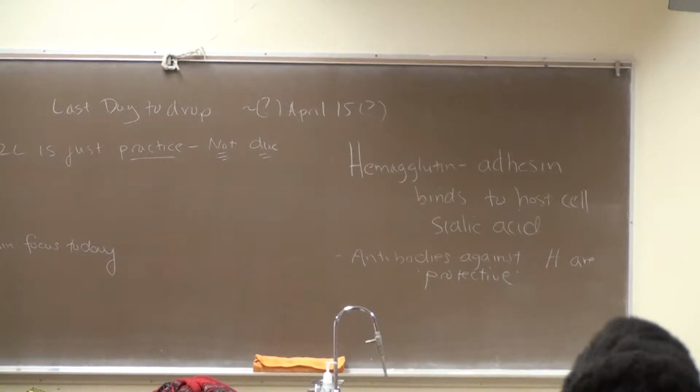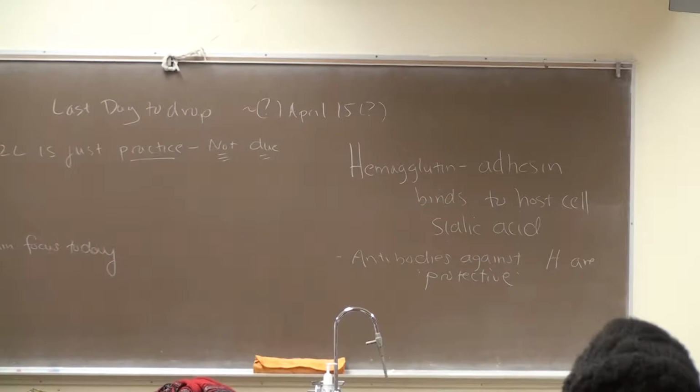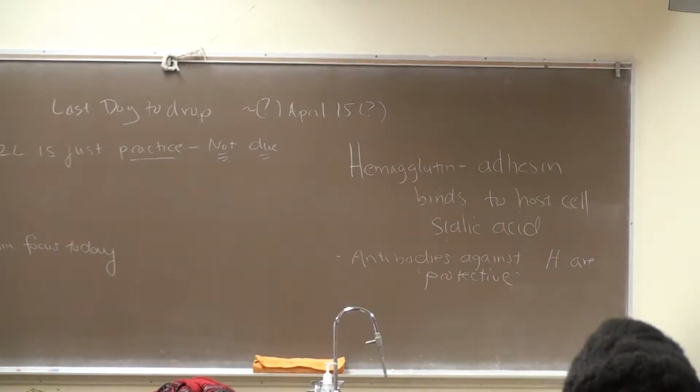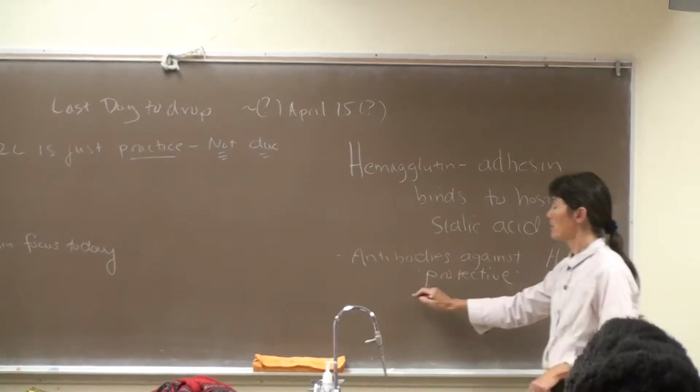You guys need a second cup of coffee. I understand totally. So we have antibodies coating the hemagglutinins. What can hemagglutinins do? Attach to our cells, right? So we call antibodies that block attachment, do you guys remember what we call those types of antibodies?